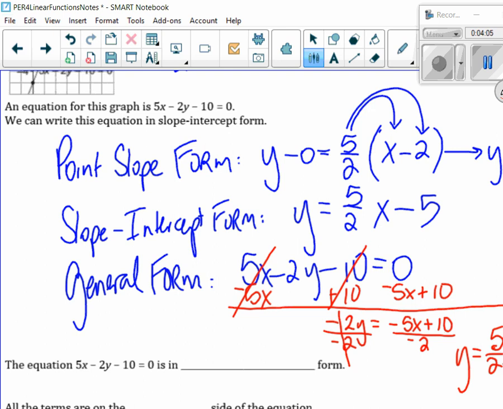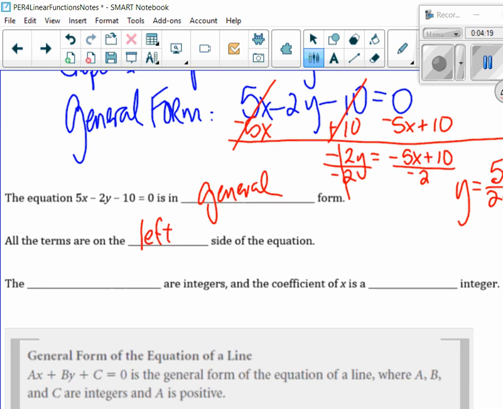So the equation 5x minus 2y minus 10 equals 0 is in general form. All terms are on the left side. So this is the definition of general form. The coefficients, does everybody remember what a coefficient is?